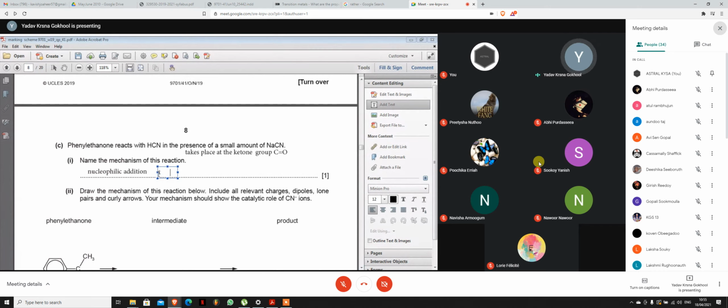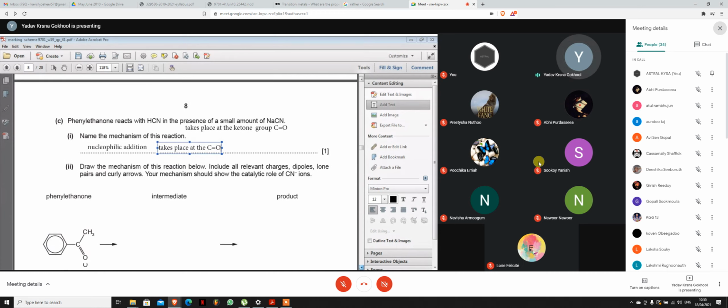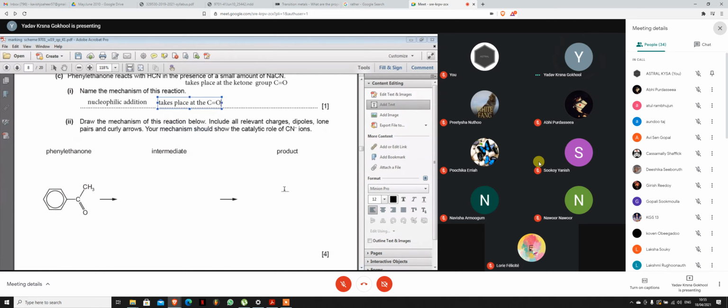It takes place at the C double bond O, where here I'm just going to write down something. If you are going to get C, OH, CH3, CN.